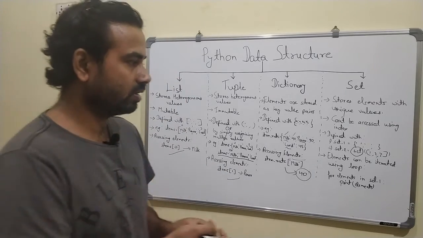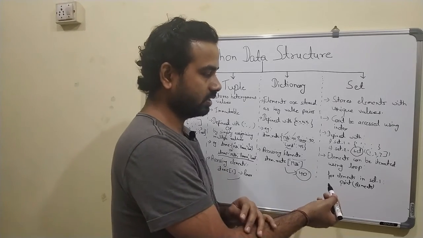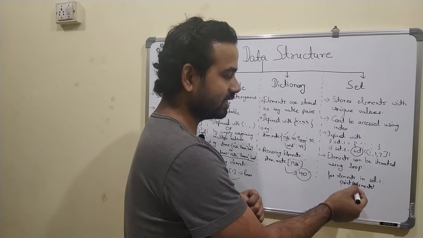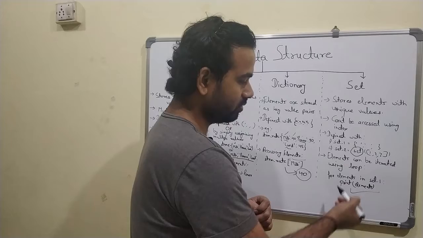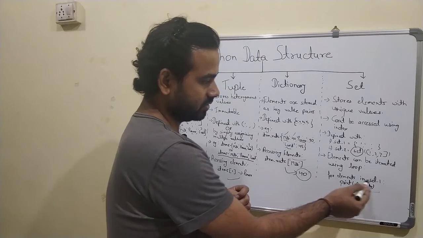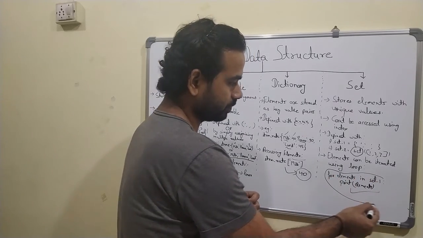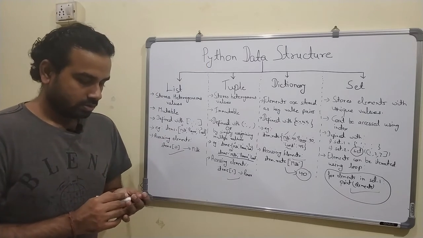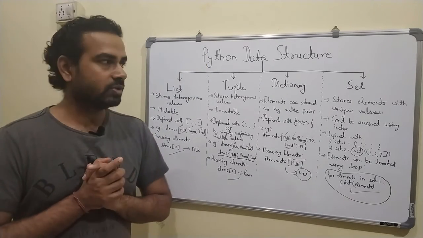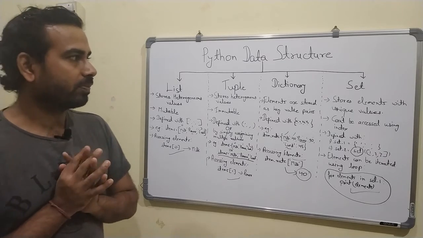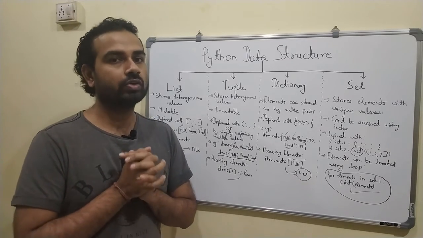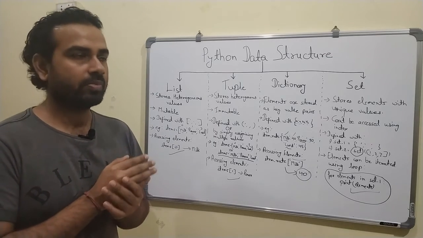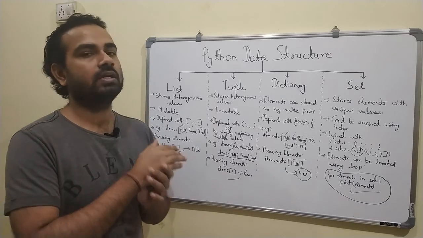For that, you can just initialize a for loop, and then you can get each element, and then you can either print it or you can validate those elements, which I have just shown here. Yeah, so now I'll be showing you some practical examples of how to create a dictionary and how to create a set, and then some operations on dictionary and set.